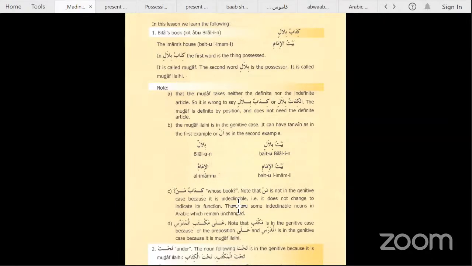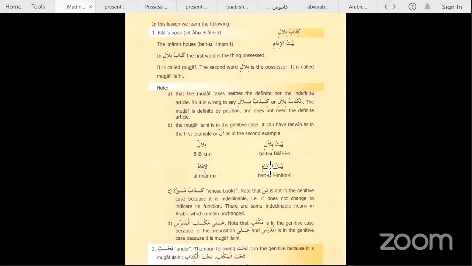There are some indeclinable nouns in Arabic which remain unchanged. Correct. So the word man, regardless, should get a kasra as being mudaf ilayh, but it doesn't get the kasra because this noun doesn't change. It's a solid noun which doesn't change regardless of where it comes.